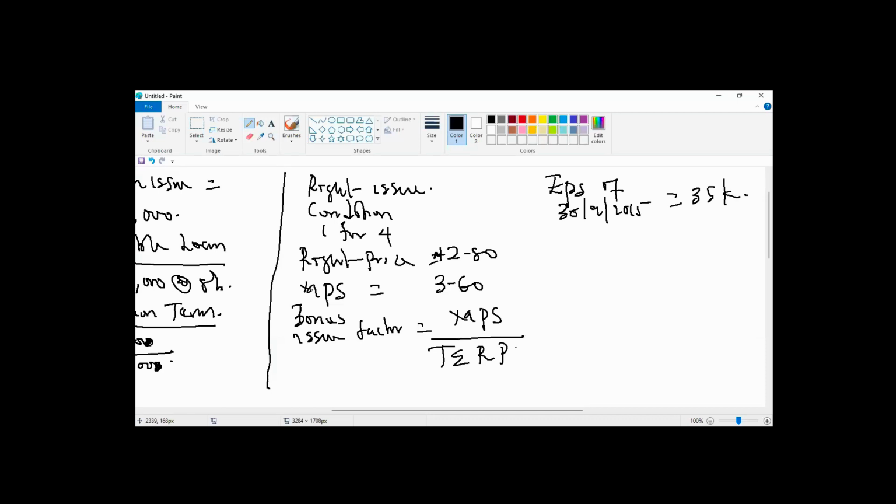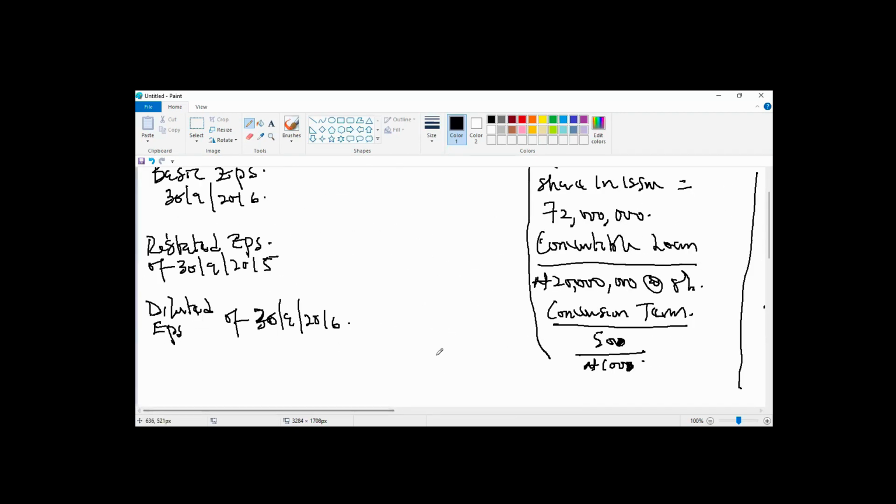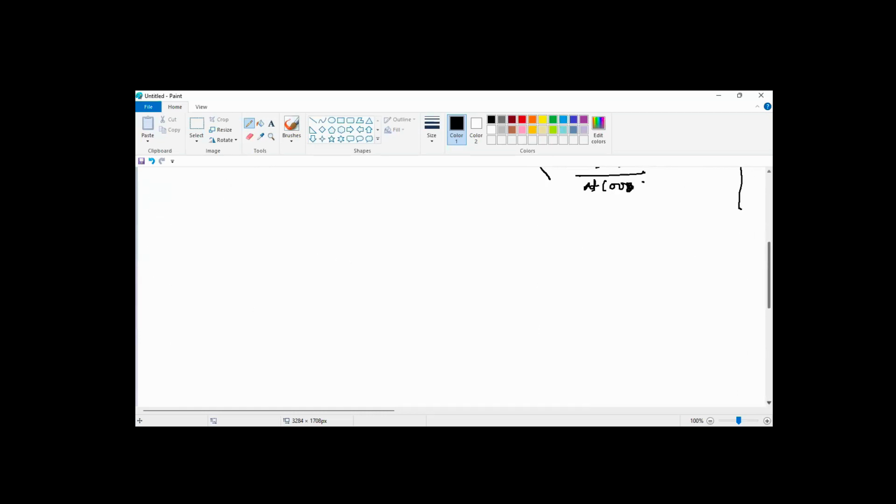I am done with this. That is the data given in the question. Now, calculate basic. Don't forget your tables. Before you can talk of dilution, there must be basic first, because basic is the yardstick to know whether it has been diluted or not.